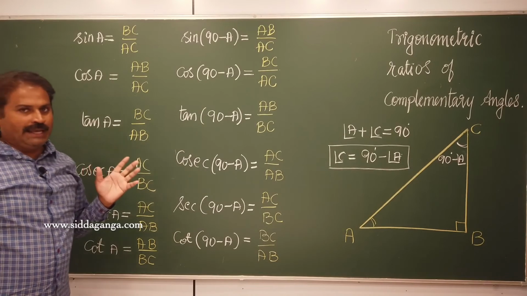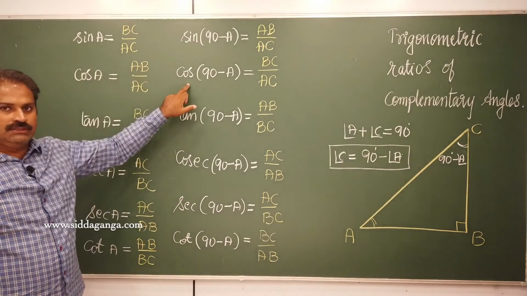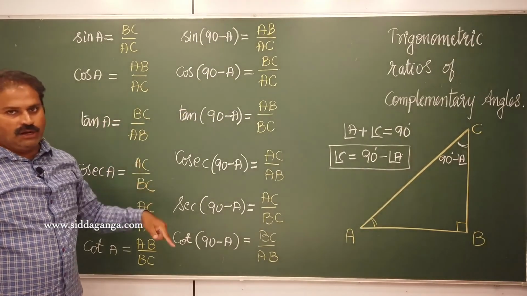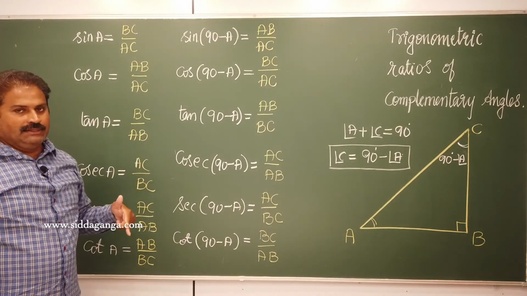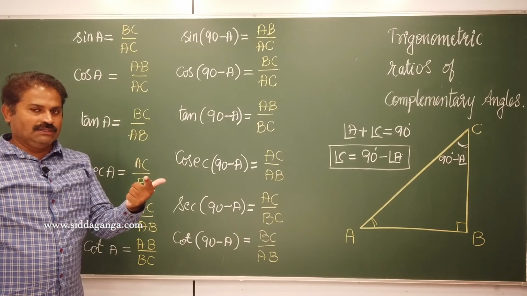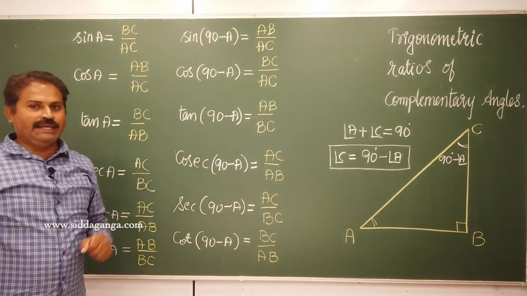And for the complementary angles ratios, you have a relation between sine and cos, between tan and cot, and between secant and cosecant. So you need to remember there is a relation between sine and cos, secant and cosecant, tan and cot for complementary angles.